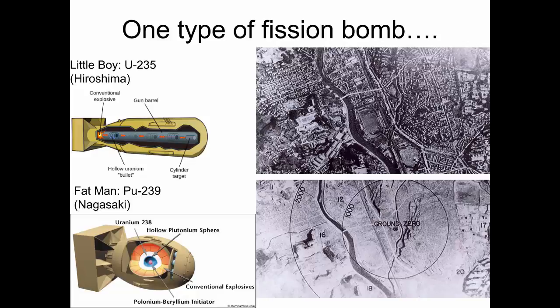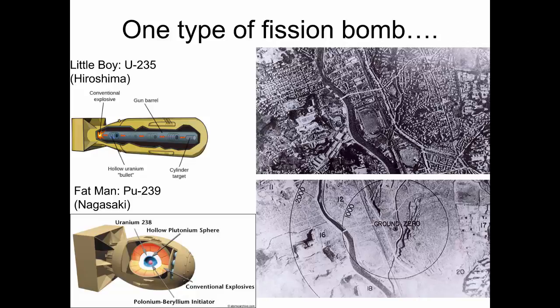The Fat Man was a different design. The Fat Man used plutonium as its main source, and it was basically a large, hollow sphere. Inside of that was another sphere of plutonium.